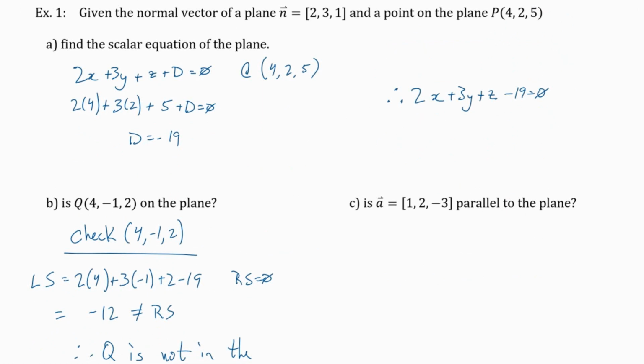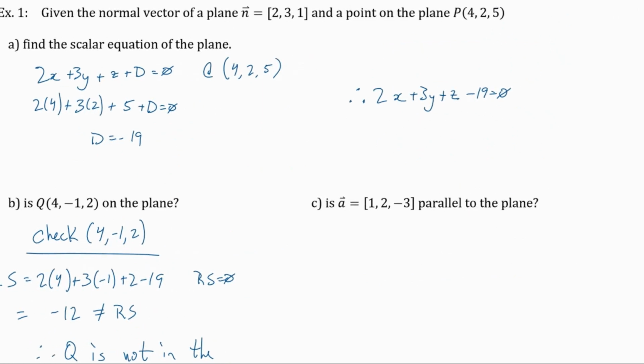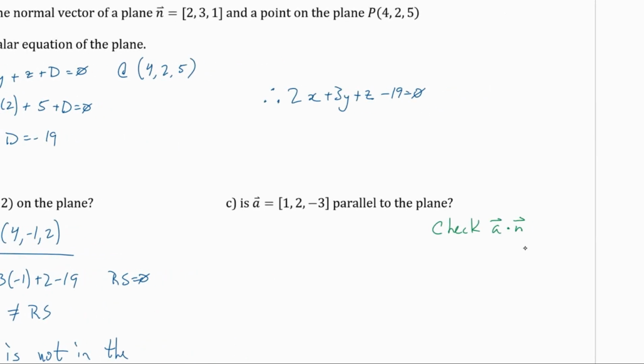So how are we going to do this? We're going to check A dot N, the dot product. And if it's equal to 0, that means they're perpendicular, and that means A has to be parallel to the plane.